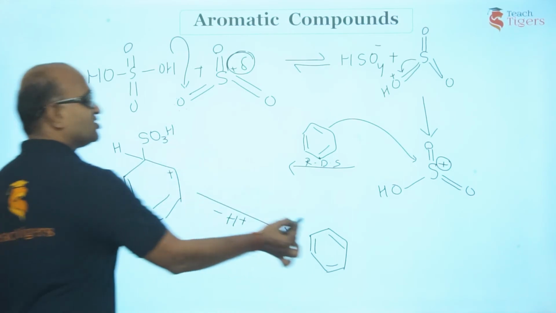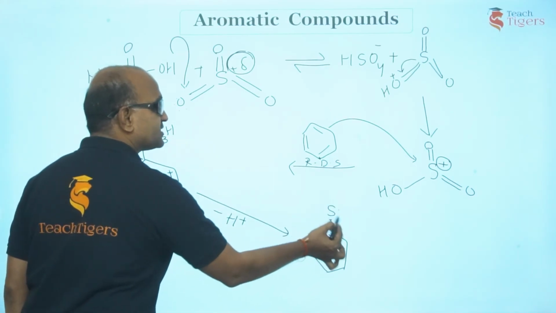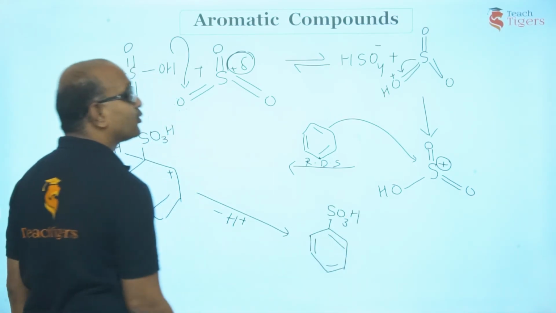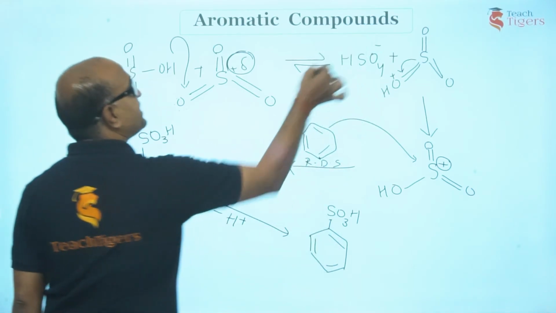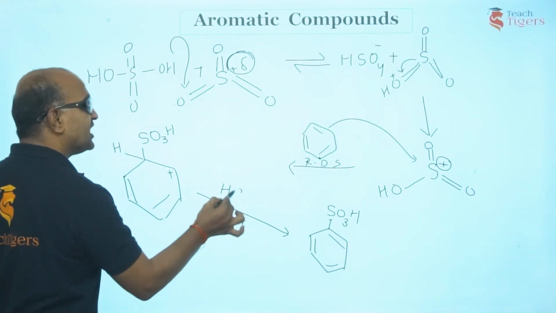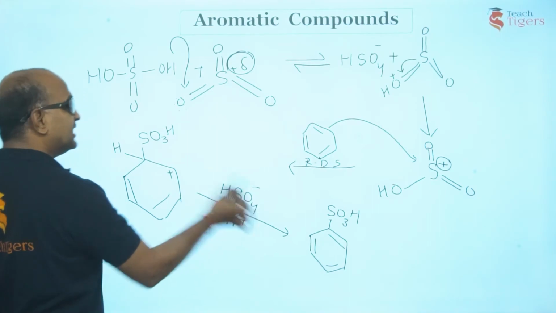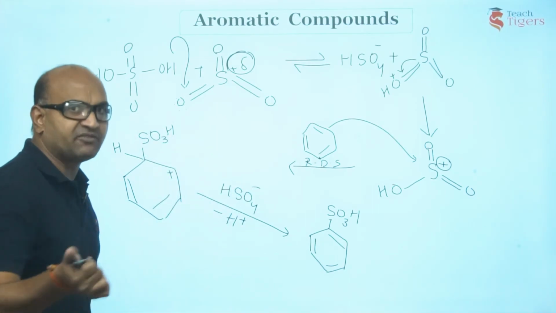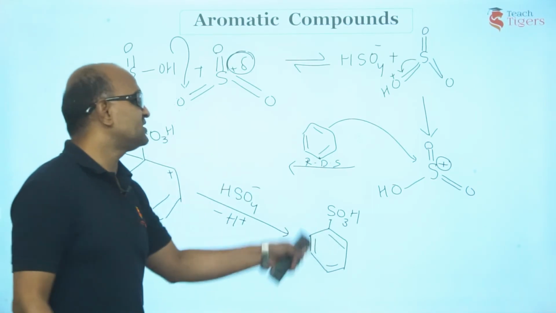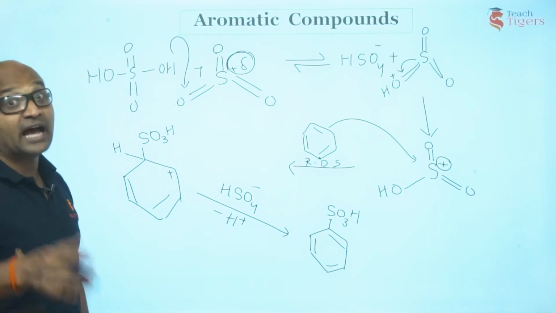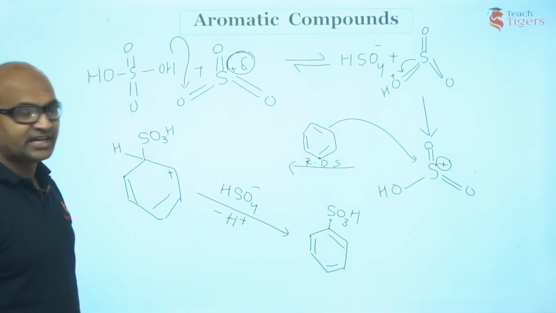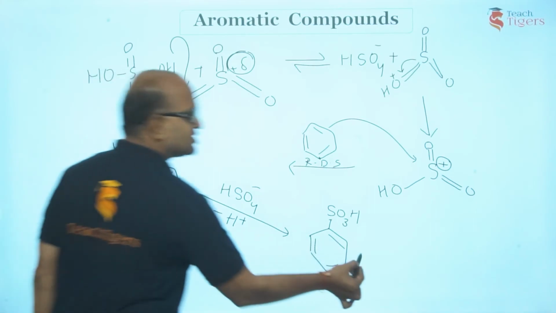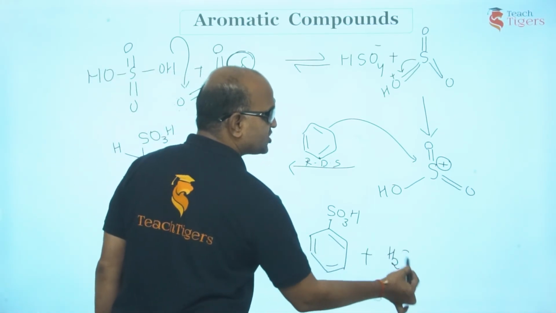When this H plus is lost, you would be getting this species. Who is going to grab the proton? Guys, this is the base we have. I have taken HSO4 minus. This grabs the proton. What is the driving force for this? Formation of this stable aromatic compound. Clear? So HSO4 minus grabs this proton to give back H2SO4.